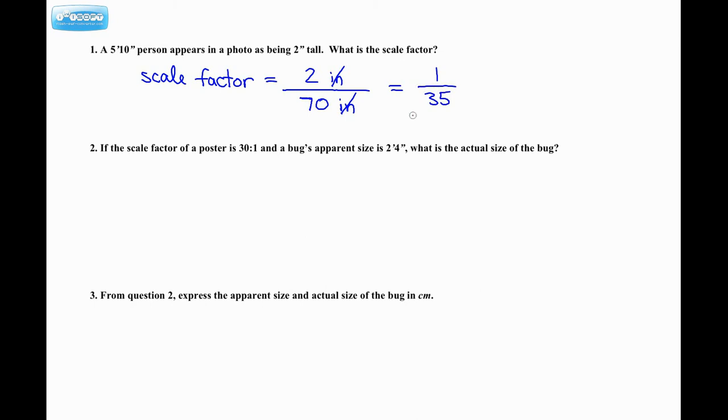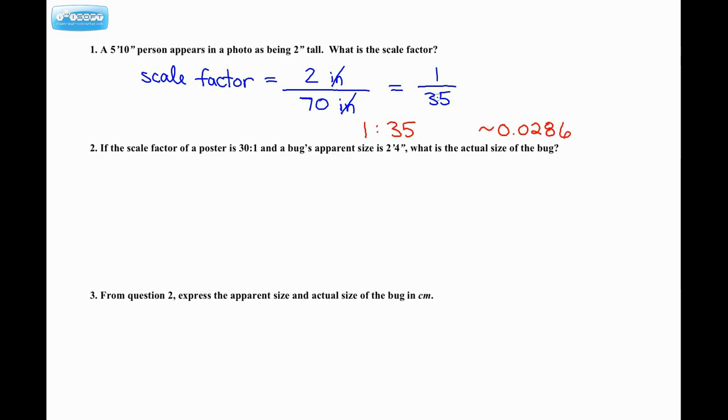Okay. There are different ways of expressing this. If you were to write it as a ratio, it'd be 1 to 35, same thing. Or you could actually do the division, and you would get, let's see, I'll write it over here, approximately 0.0286.